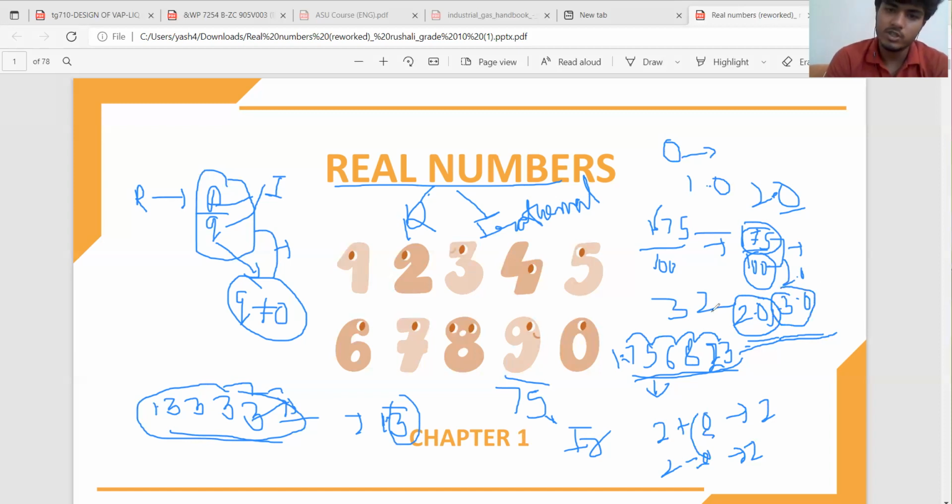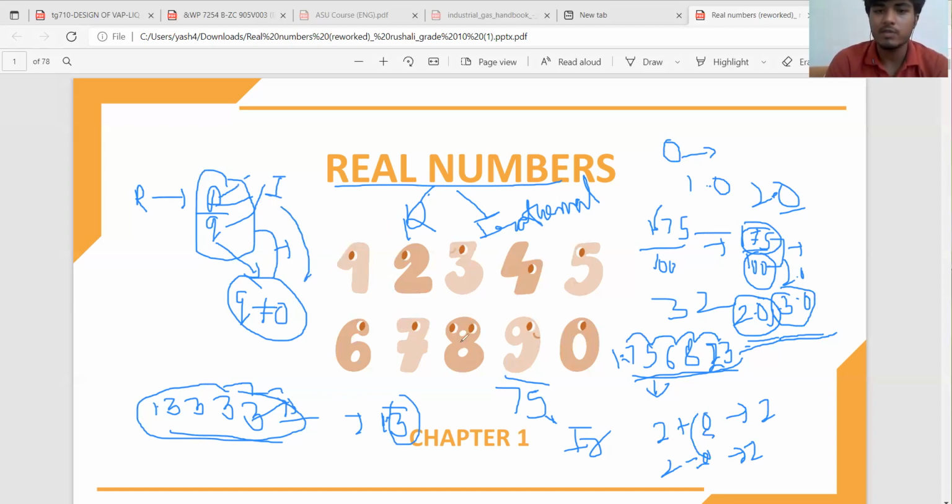It can be positive, it can be negative. So we have two types of integers, positive and negative. And we have read what rational numbers are. Rational numbers are in the form of p by q, where p and q are integers and q is not equal to 0. These are the conditions for a rational number.